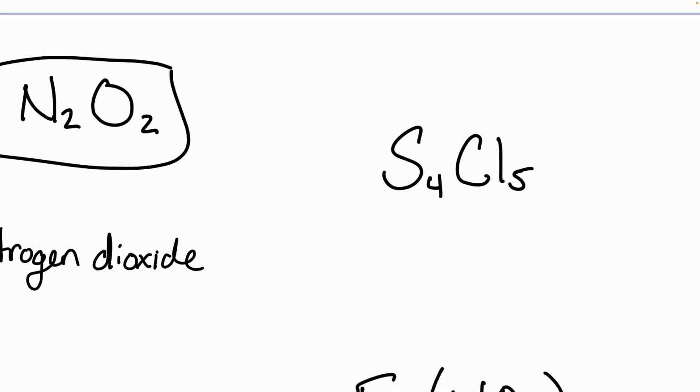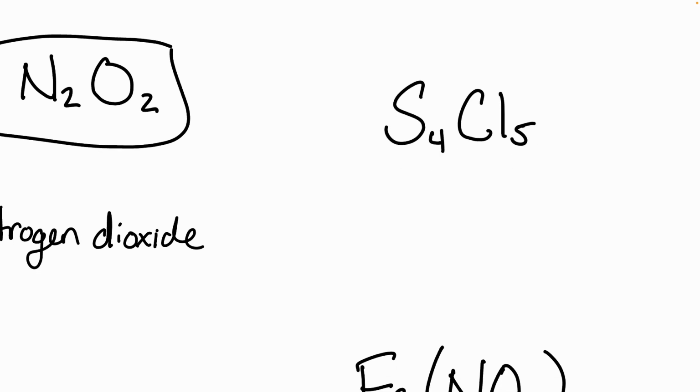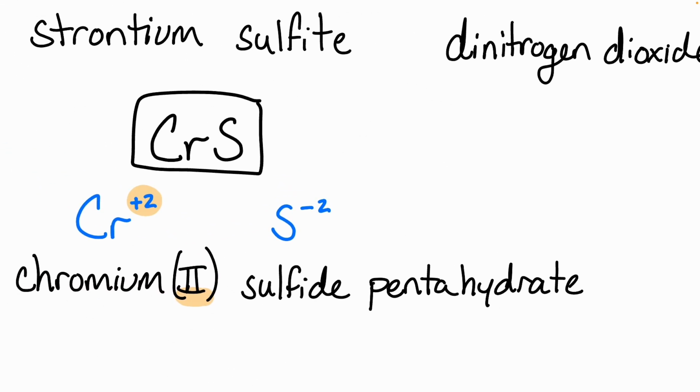All right, so now if we're going to go name to formula here, this is where we got to be really careful with whether it's covalent, ionic type 1, or ionic type 2. All right, so what about this one here? What do we think? Oh, shucks, my bad. I was going too fast. Yeah, we got the chromium sulfide down.